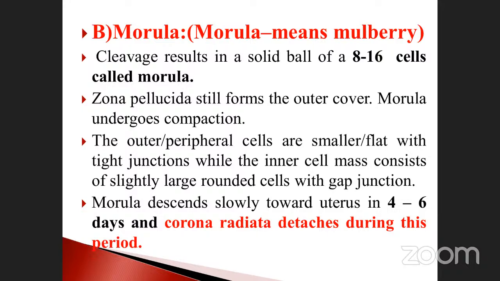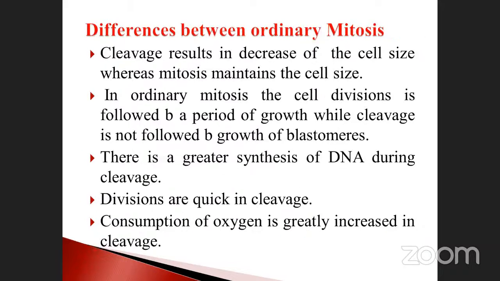Last class, what we have discussed already in our report. Today, we are going to see the remaining portion. Here, the morula is the next stage. During fertilization, what are the changes which occur, we already discussed.